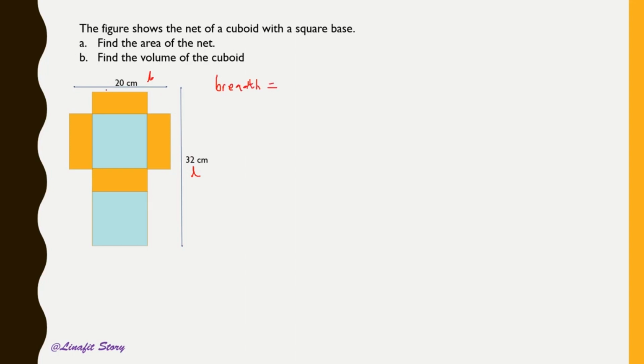The breadth consists of 1 rectangle and 2 squares, while the length consists of 2 squares and 2 rectangles.